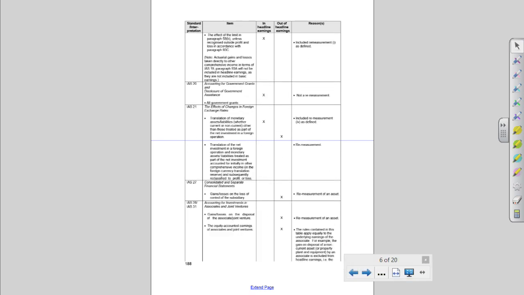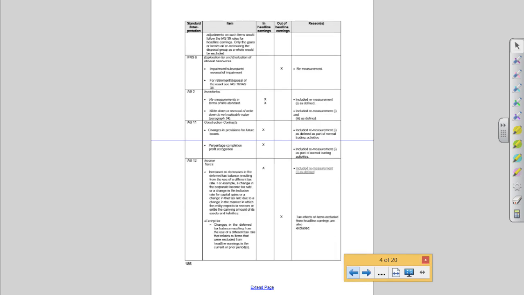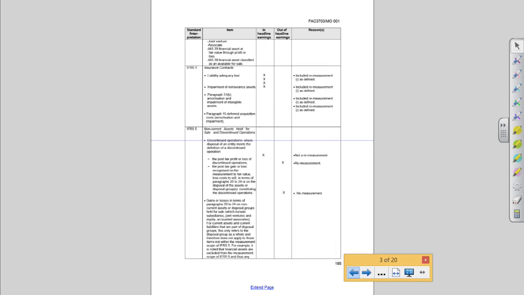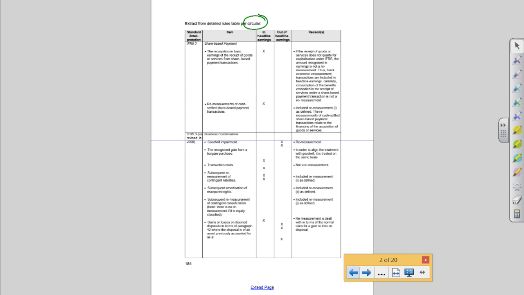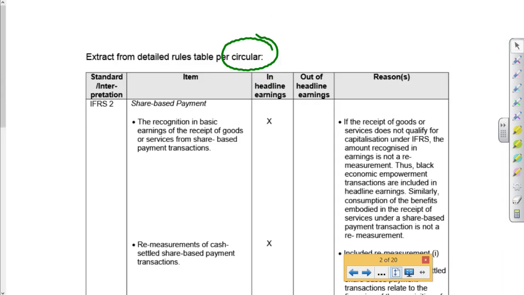But in an exam situation, if you don't want to go learn the whole formula, we are adjusting things that are in profit and that are capital in nature. You'll see that they have two columns, in and out of HEPS. And it's the out of HEPS that we're making the adjustments for. Do you agree?